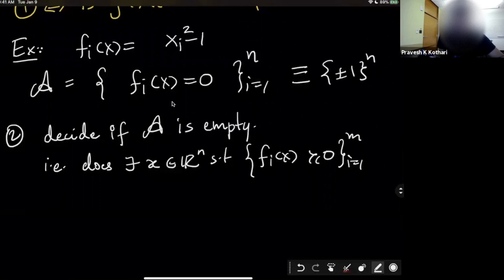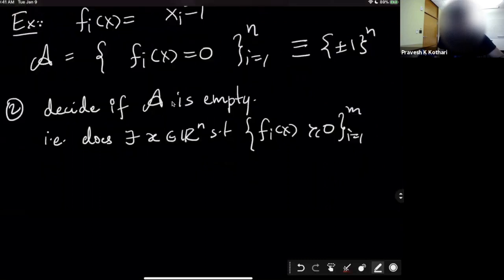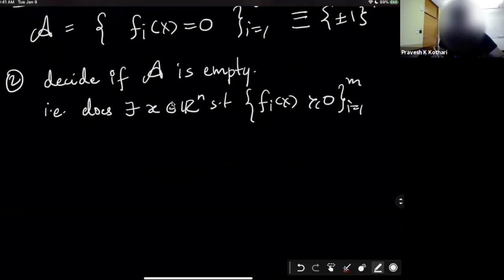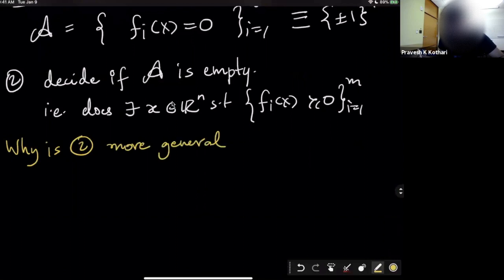Here is my second trivial question for today. Why is 2 more general than 1? Again, feel free to unmute yourself. And Tim, you cannot answer this time. Somebody else, please unmute yourself and tell me why 2 is more general.